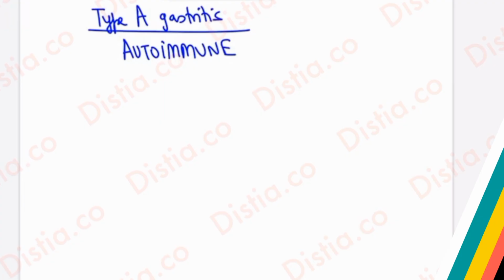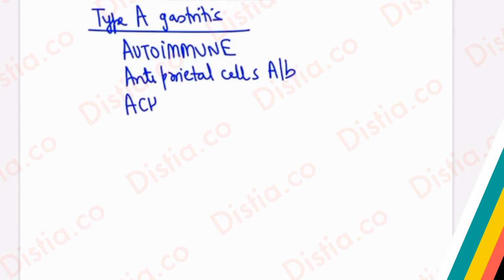You see, type A gastritis has an autoimmune etiology, so there's gonna be antibodies against the parietal cells. Now, once you have anti-parietal cell antibodies present, therefore the production of acid will be hampered, but still there will be an ulcer.